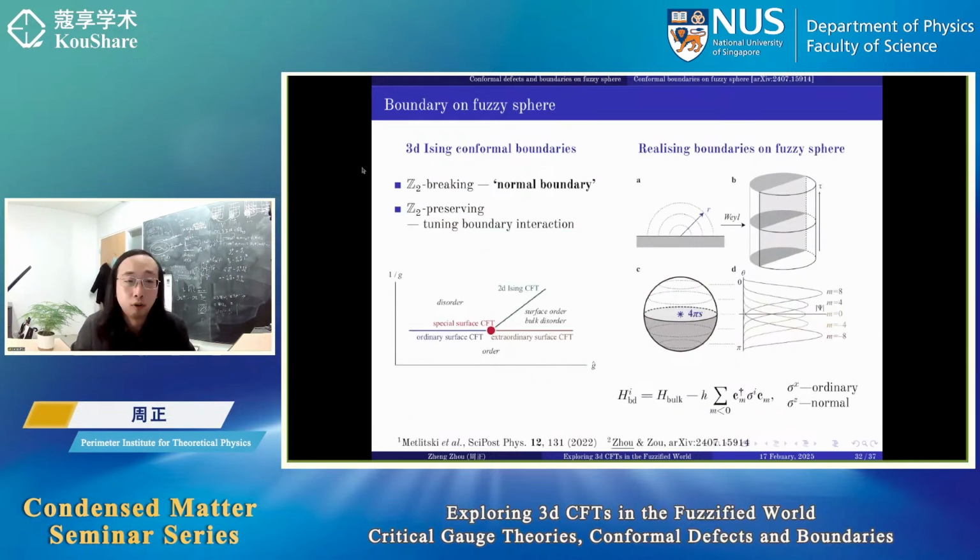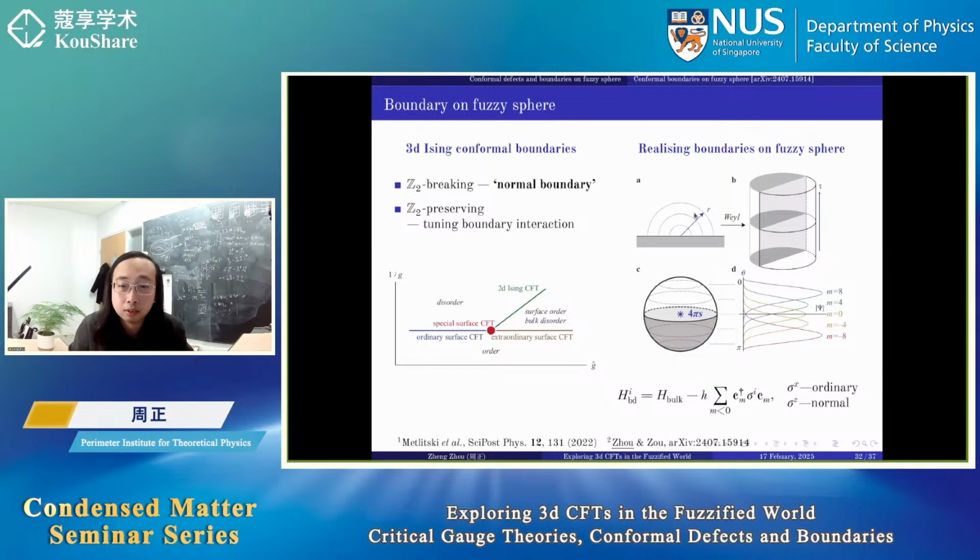And for the boundaries, there exist many different conformal boundaries for the Ising CFT. For example, if you explicitly break Z2 symmetry, it is called the normal boundary. And if you explicitly preserve the Z2 symmetry and tune a boundary interaction, you can obtain the ordinary surface CFT, where the Z2 symmetry is preserved, and an extraordinary surface CFT, where the Z2 symmetry is spontaneously broken.